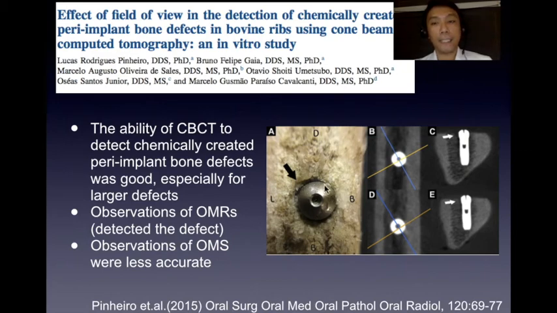Like in this particular study, defects in bone. But what the study also showed is that the defect was highly detected and observed mostly by oral maxillofacial radiologists, people who study radiographs, digital diagnostic imaging, versus the clinicians, oral maxillofacial surgeons that place the implants.